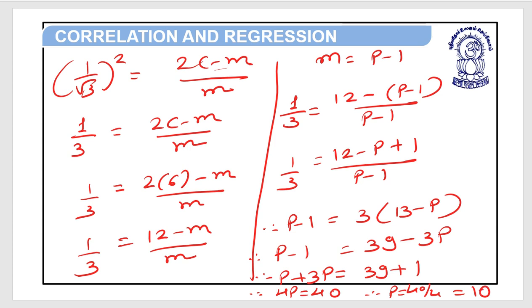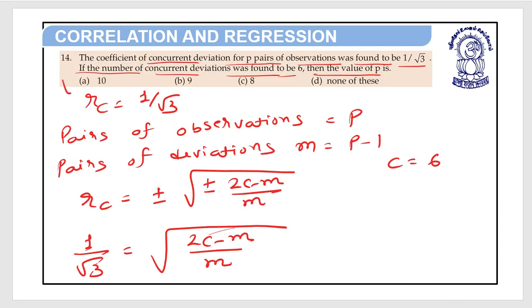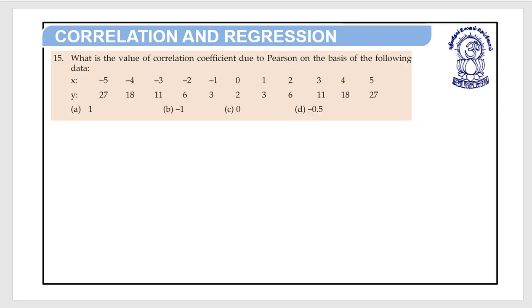So option A is the right answer. p is equal to 10. Okay. Now move to question number 15. What is the value of the correlation coefficient due to Pearson on the basis of the following data?